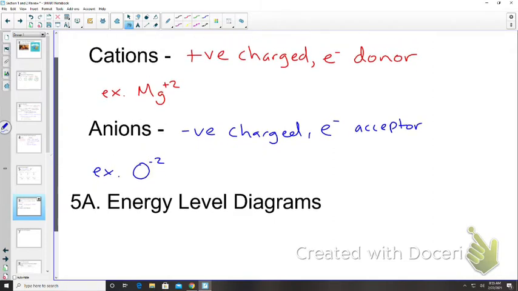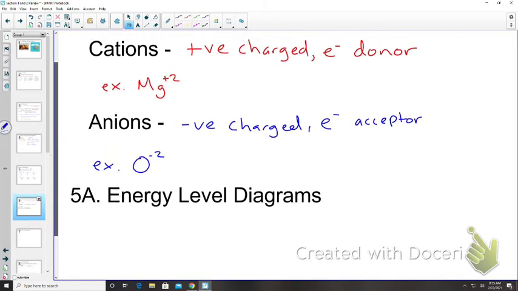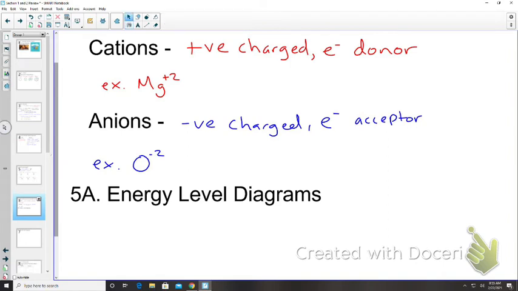Energy level diagrams. Okay, so remember these. These show protons, neutrons, and electrons. Okay, you guys good if I move this?